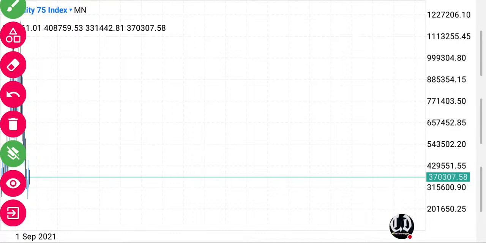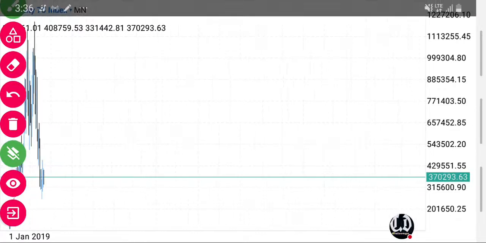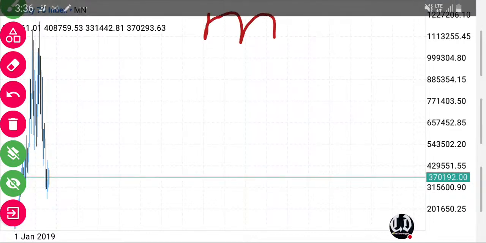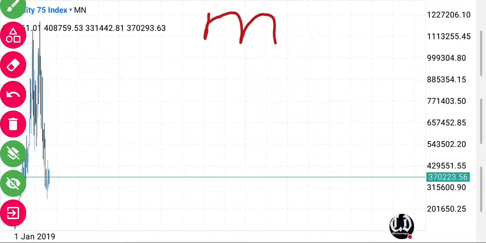Let me give you a good example so that you can identify which trader you are. This will help you to know exactly which type of trader you are. So this is our monthly time frame here. We have our monthly time frame. This monthly time frame, we are going to do a tree here. This is our tree.